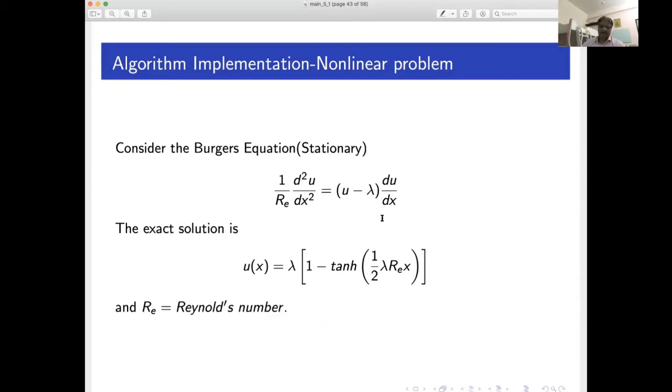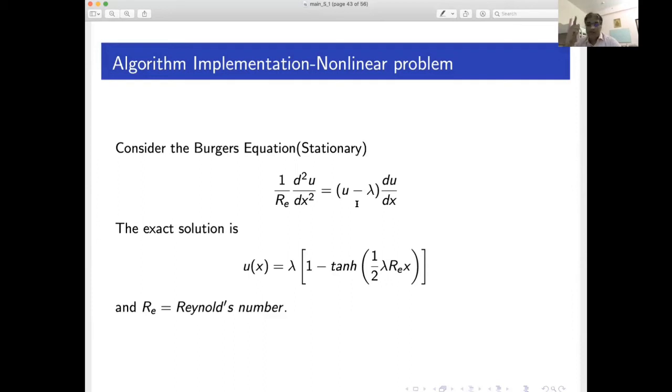You will get the scheme, but the only thing is, the way you calculated the coefficient of u naught in the previous linear example, here you cannot find the coefficient of u naught, or the coefficient of u1, because this is a non-linear equation.